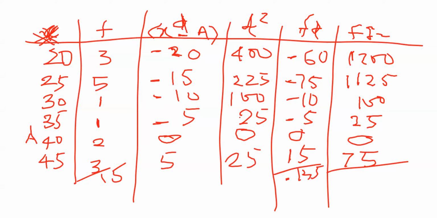Minus 10 minus 5 is already minus 15, plus 15 is 0. So minus 60 plus minus 75 will give us minus 135. So that column is minus 135. And this one, if you add very well, should give us 2525. Any questions?